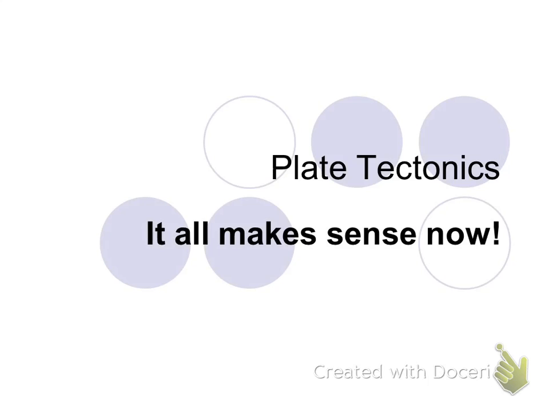Okay, so anytime something sinks, it tends to be what? More dense. Good. Anytime something tends to be less dense, it tends to do what? It does what, Virginia? Rises. Good.